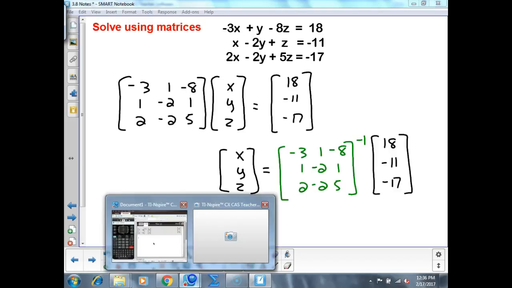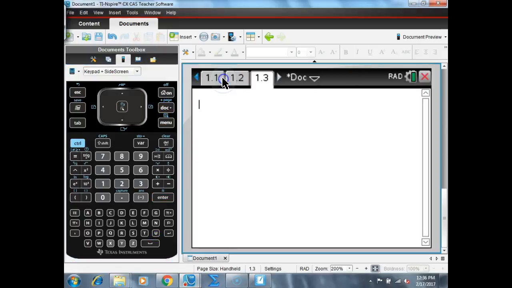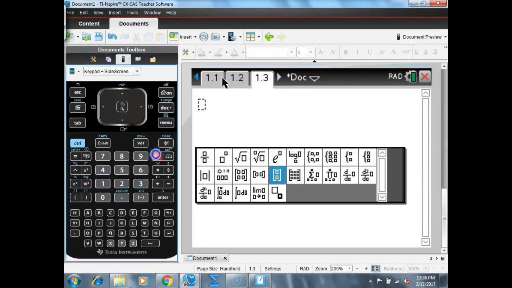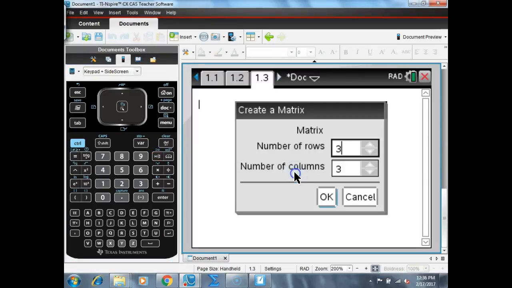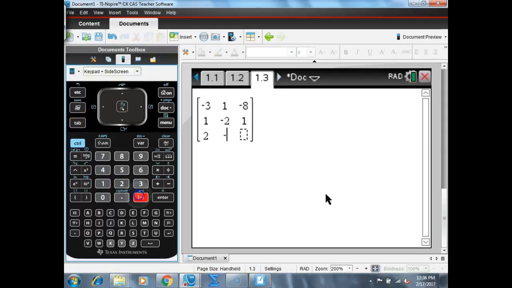Okay, so here we go. So my first one is a 3 by 3. Okay, negative 3, 1, negative 8, 1, negative 2, 1, 2, negative 2, 5, and I'm going to take that to the negative first power.